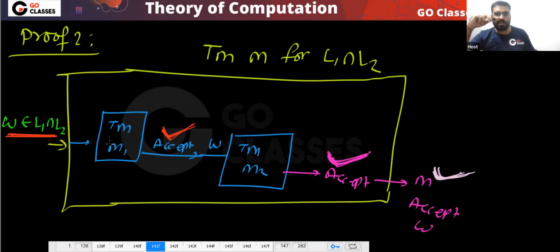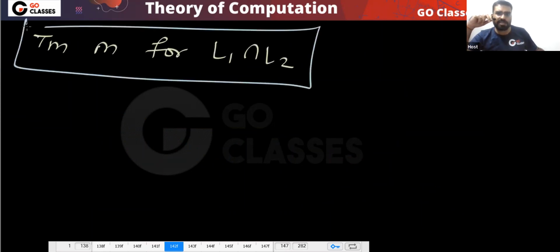This proof, this method will work for intersection. For intersection, this will work. Agree or not? Very good, Ekta, what Ekta has written is very good. Because remember, whenever you are creating a Turing machine for L1 intersection L2, what matters?